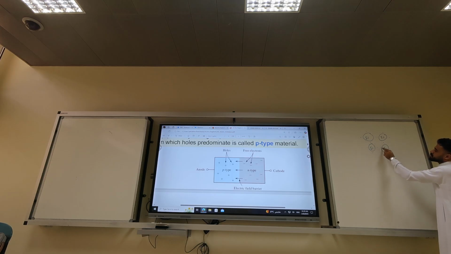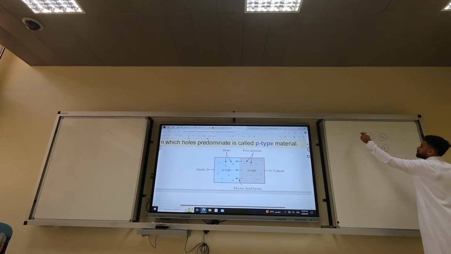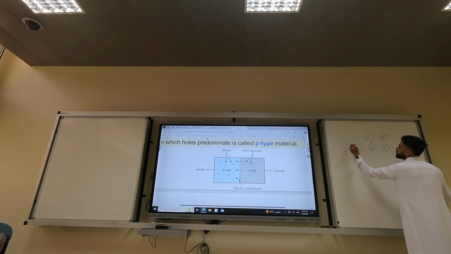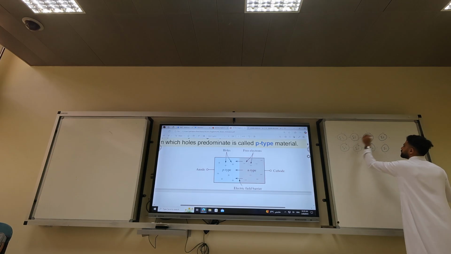Every two adjacent ones will form a bond. Chemistry. Otherwise, electrons would be flowing. Silicon, silicon, silicon, silicon, each with 1, 2, 3, 4.